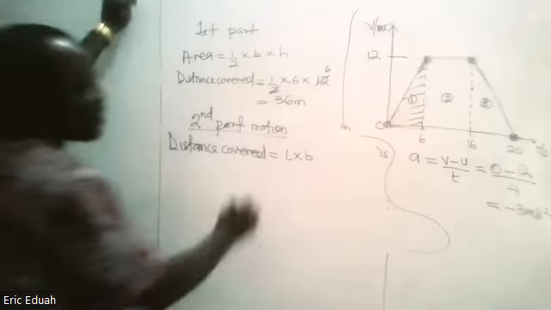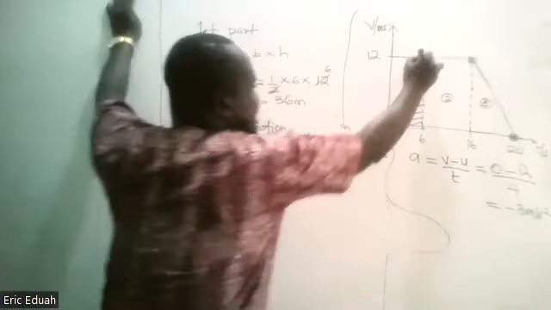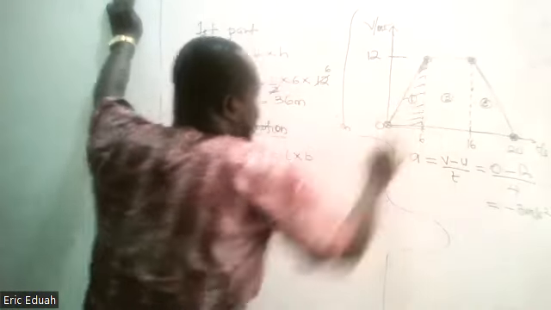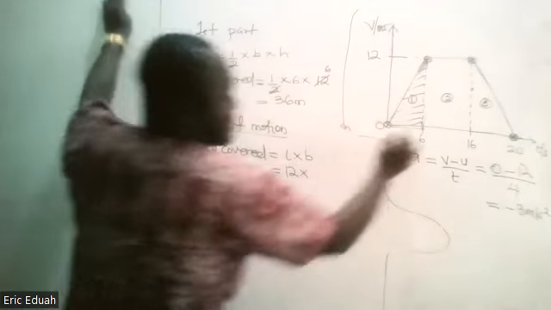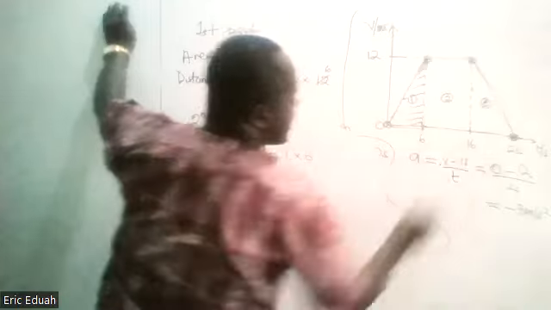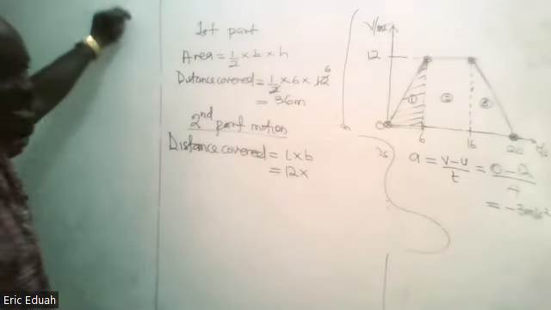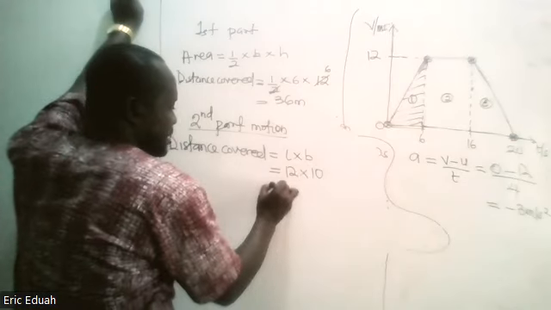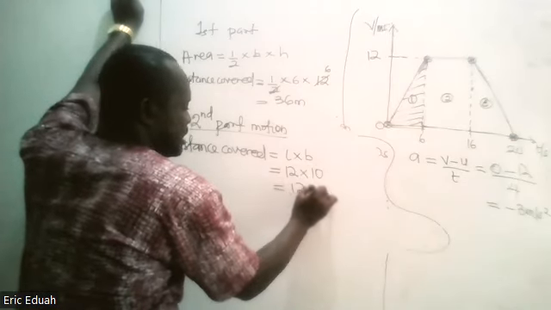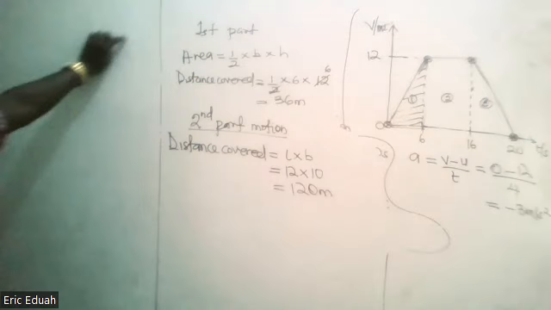And what is our length? The length is this side, the longer side, which is 12. No. The breadth is this side, which is 10. 16 minus 6, 10. So this is equal to 120 meters.